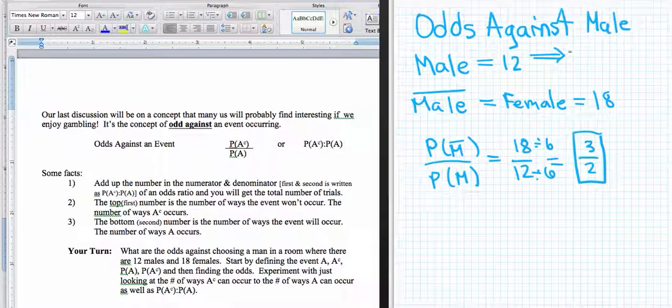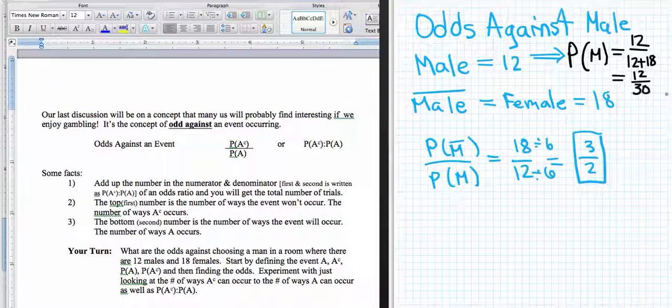The probability of a male, and that would be 12 out of 12 plus 18, that's where I was getting the 30, and this 12 out of 30 is of course going to reduce down into the 2/5, right? Because divided by 6, 2 and 5.